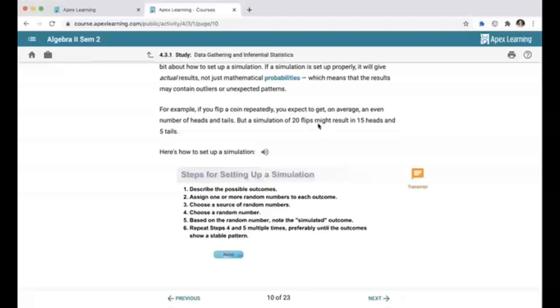So for example, with this 15 and 5 here, you might flip a coin, and again, you describe the possible outcomes. You think it should be about 50% here. It's either going to be heads or tails, okay? Then of course, after you state the possible outcomes, we said random numbers.